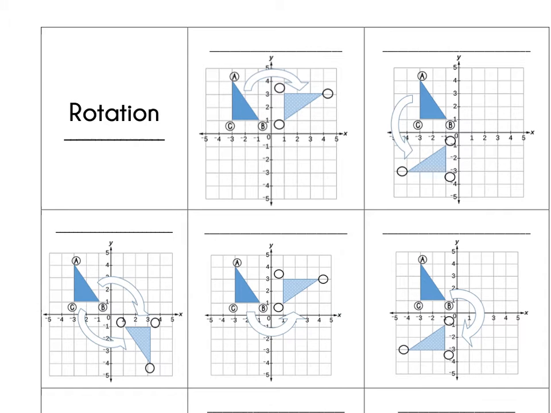Our next type of transformation is a rotation, and this is a turn. I guess you could remember rotation because there are 2 T's in it, and turn starts with a T. I think this could be one of the trickier ones because it can rotate many different ways. So this one is a 90-degree clockwise rotation.